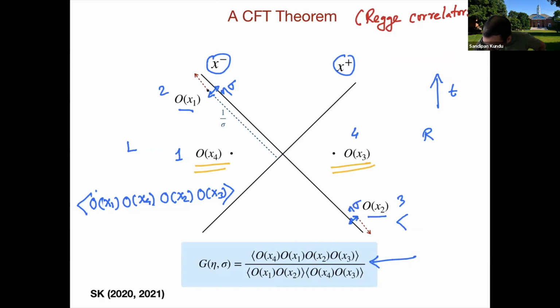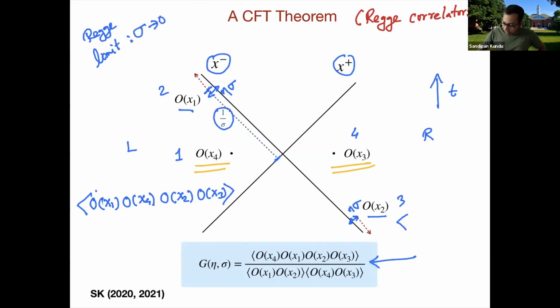And the distance of this point from the other light cone coordinate is 1 over sigma, as written here. So the Regge limit is the limit where I take sigma to 0.